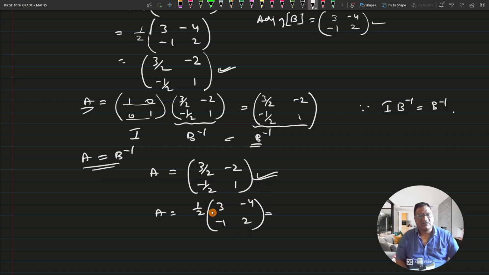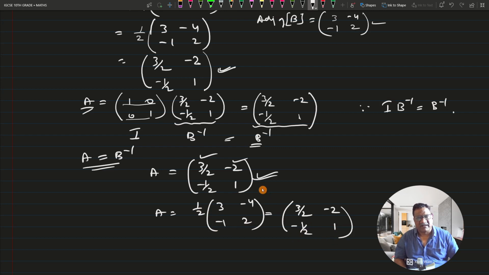Okay, now let us take this inside 1 by 2. So this will become 1 by 2 times 3 will be 3 by 2, which we are getting. Then minus 4 upon 2 will be minus 2, which we are getting here. And this minus 1, 1 by 2 into minus 1 will be minus 1 by 2, and this will become 1.